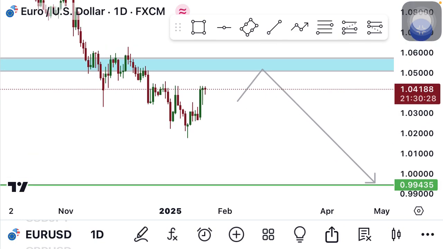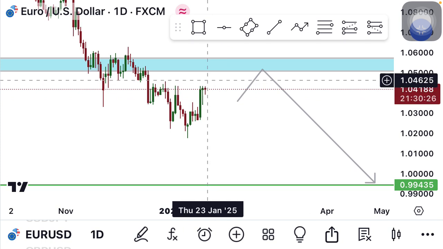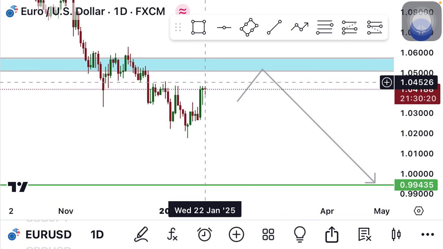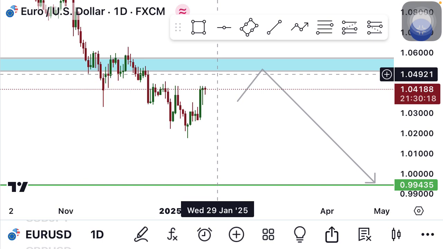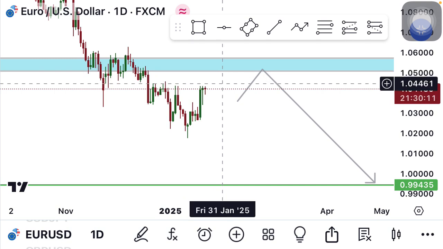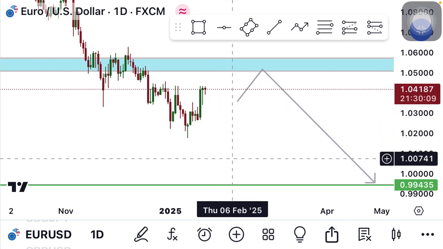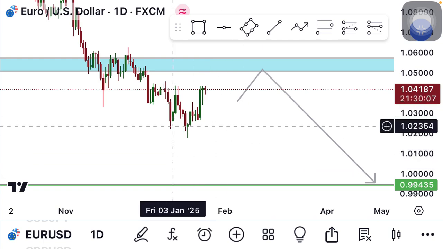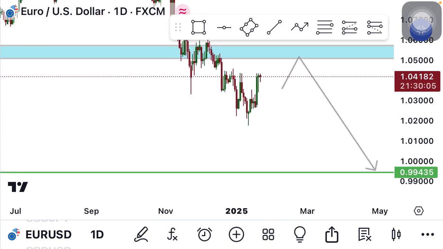So it is better you capitalize off this 500 pips than capitalize off this, which is not that much. Do you understand? This whole move is over 500 pips per se.